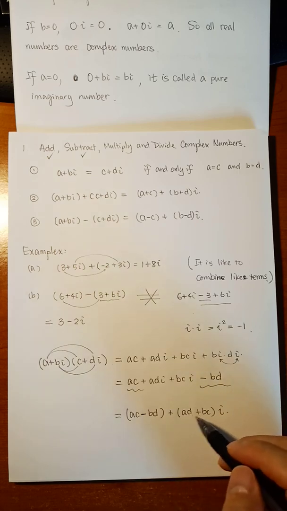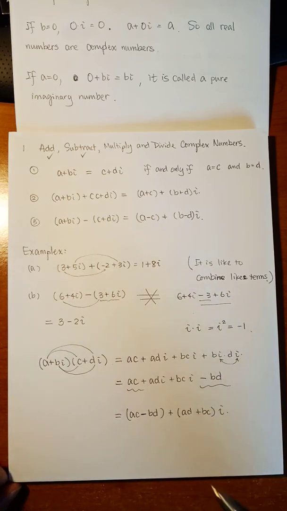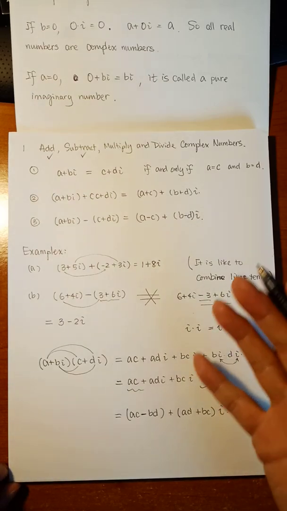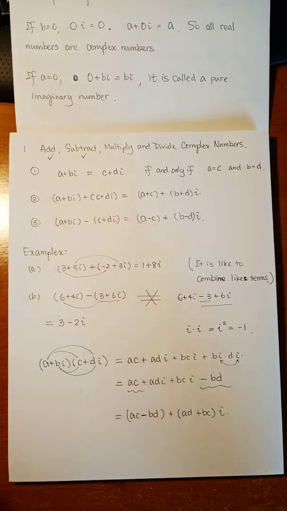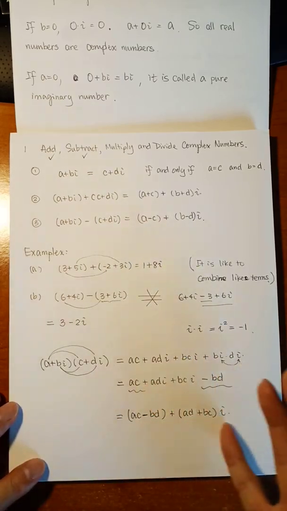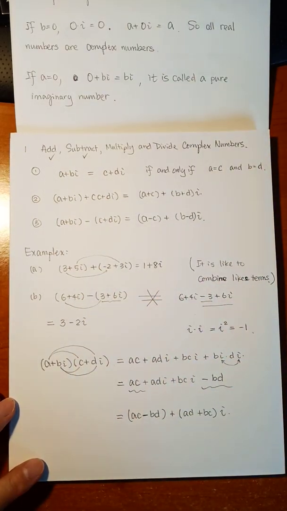So AC minus BD in parentheses, plus another parenthesis, AD plus BC times i. Well, this is the formula, but this also gave us the routine way to do the multiplication. We possibly will not strictly memorize this formula. We will just memorize how we do the distribution.